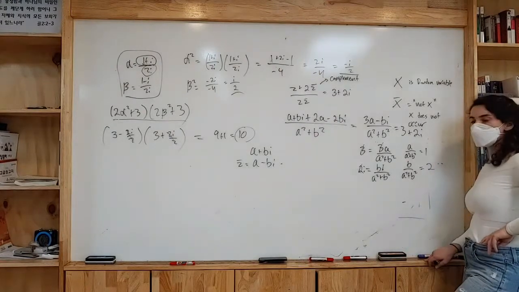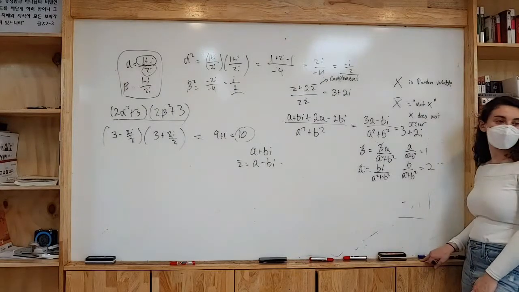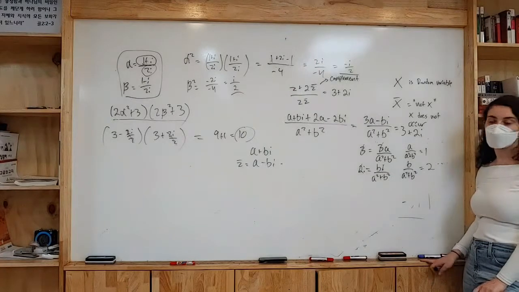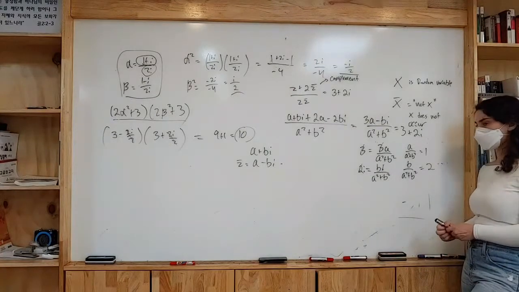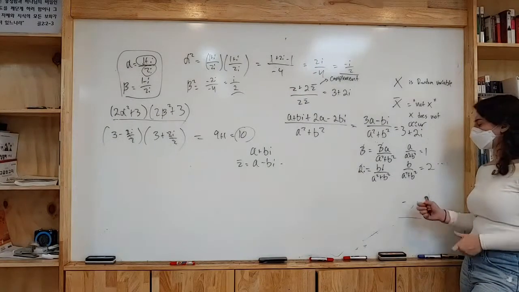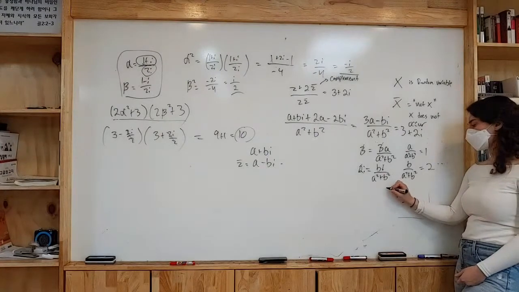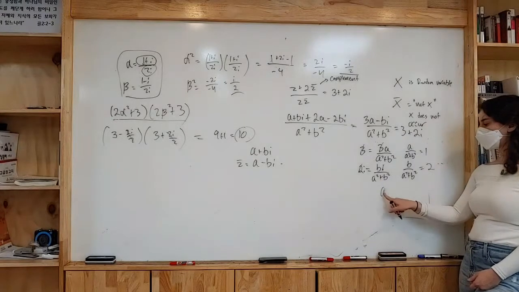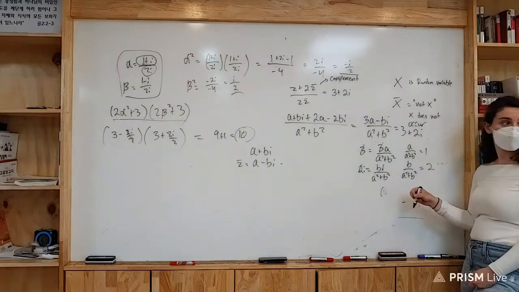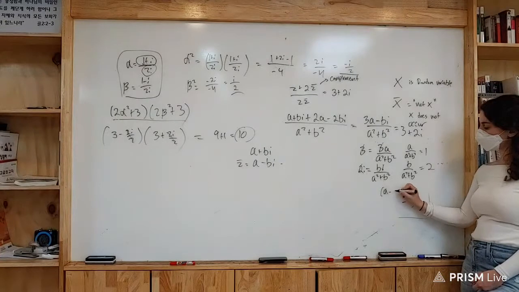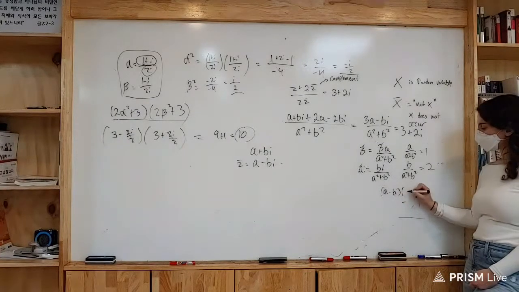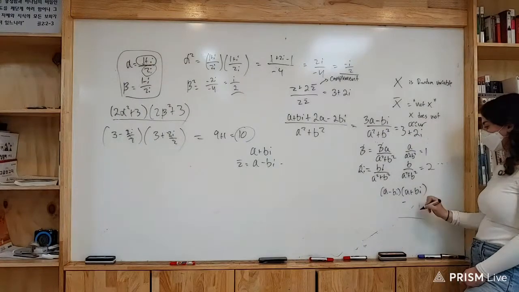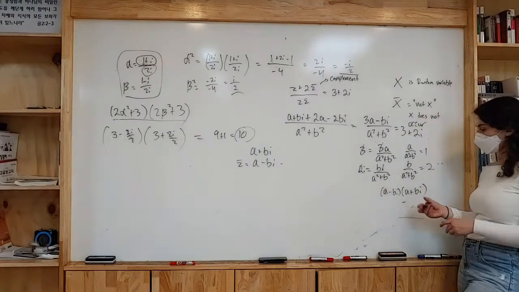Yeah, there's something weird going on. Well, okay, what's a squared plus b squared? That's a minus bi times a plus bi. Yeah, we had that.